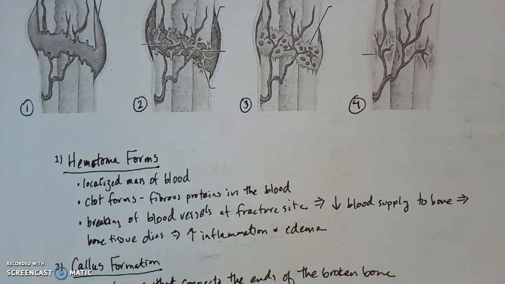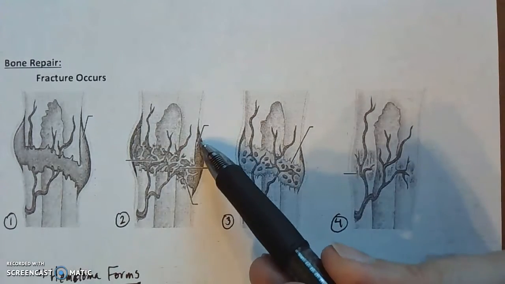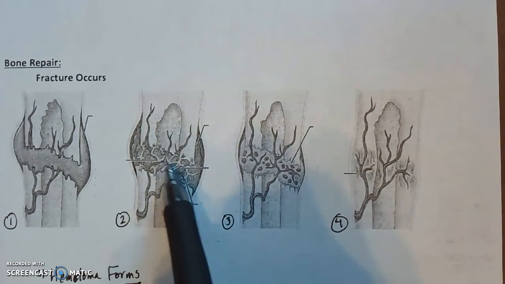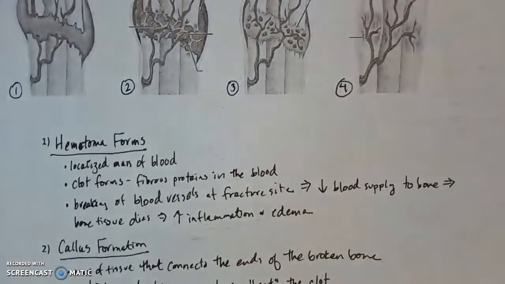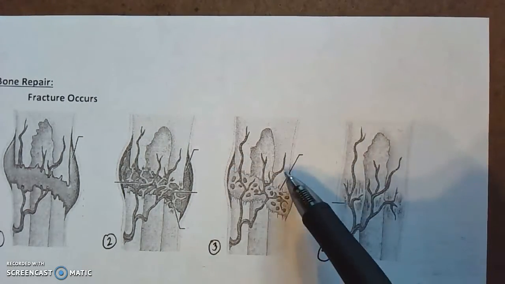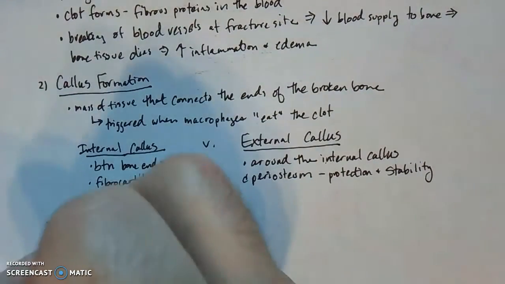And sometimes if you don't know that you broke a bone and this starts forming, they will have to go in and either surgically break the bone again, and then this starts all over again. So here you can see that we have this external callus right here forming with the internal callus inside. Our third one, you can see that this is starting to reduce a little bit, and then this is starting to turn into bone.